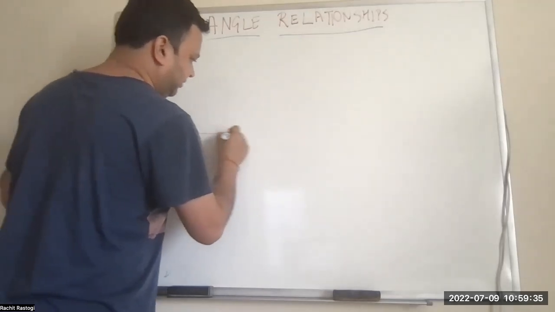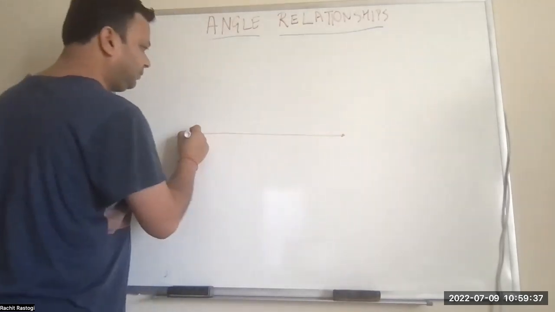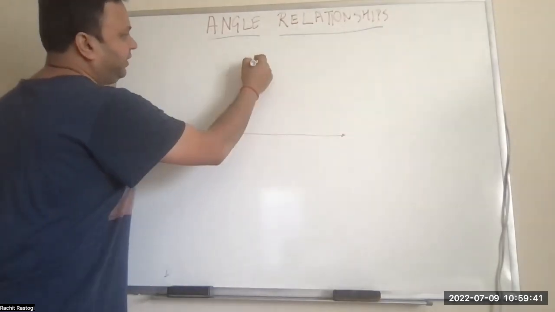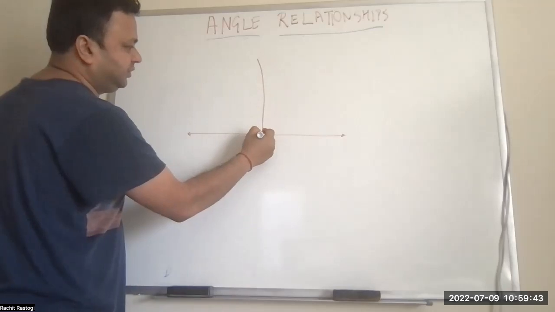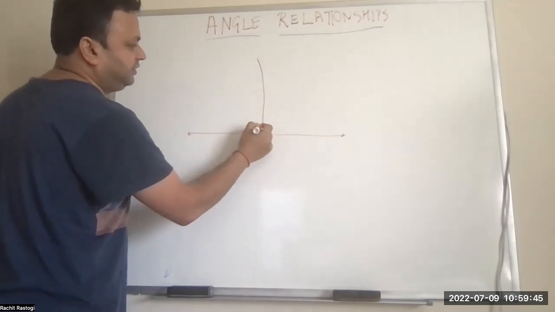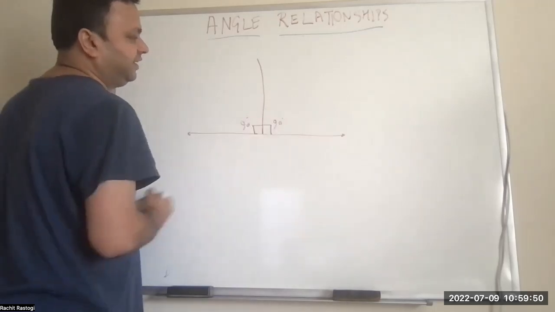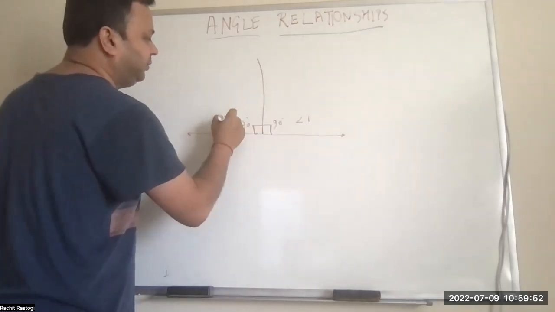Now the last concept is this one. This is called supplementary angle. Now supplementary, the easiest is, let's say you have a line here, it just supplements. So both are 90 degrees each, angle 1 and angle 2.